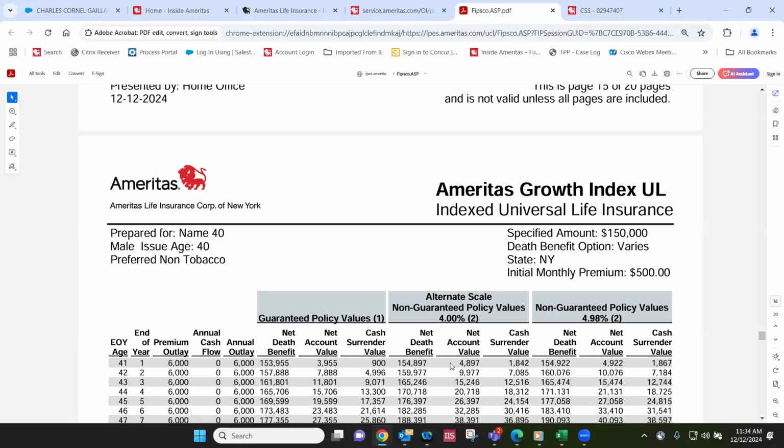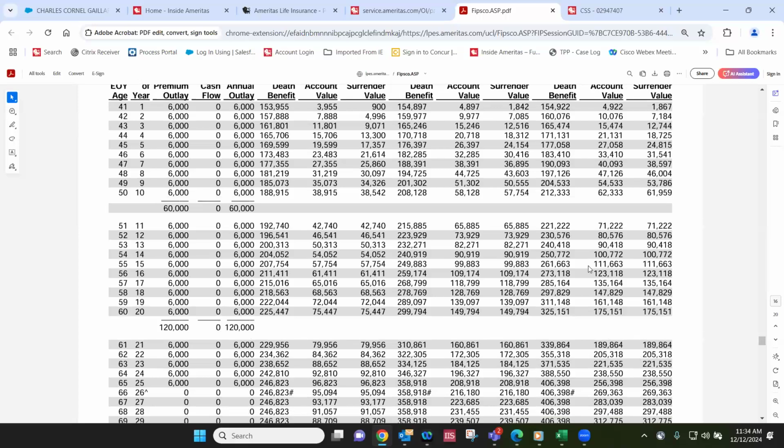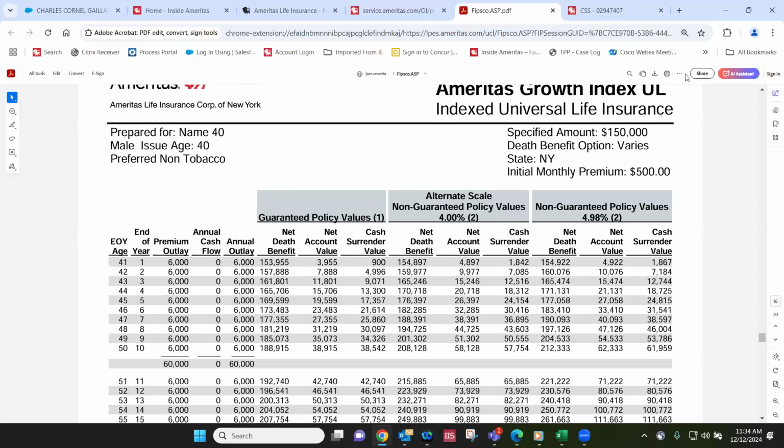So when we look at this increasing death benefit, remember, as our cash is accumulating, our death benefit is making nice big jumps. If we did death benefit option C, that $150,000 that I asked it to start at would only increase each year by $6,000. So it would go from 150 to 156 and so on and so forth. So yes, death benefit option C.